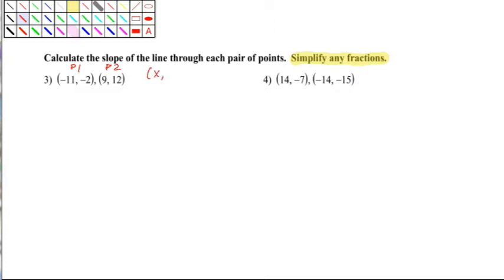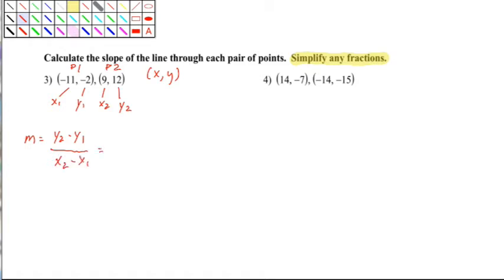Remember, points are always written as ordered pairs with x and y in that fashion. So that makes -11 our x1 value, and -2 our y1 value, and 9 our x2 value, and 12 our y2 value. To calculate slope, we know that that is y2 minus y1 divided by x2 minus x1.